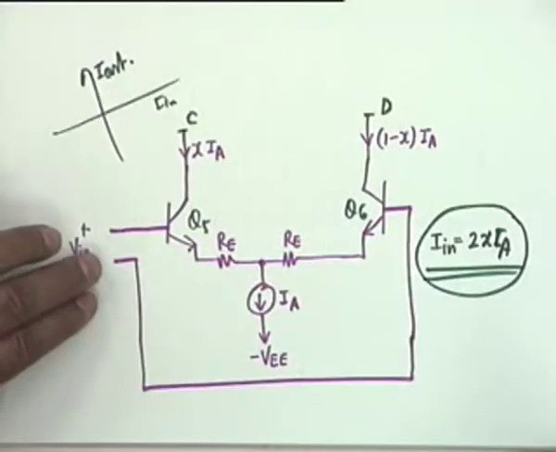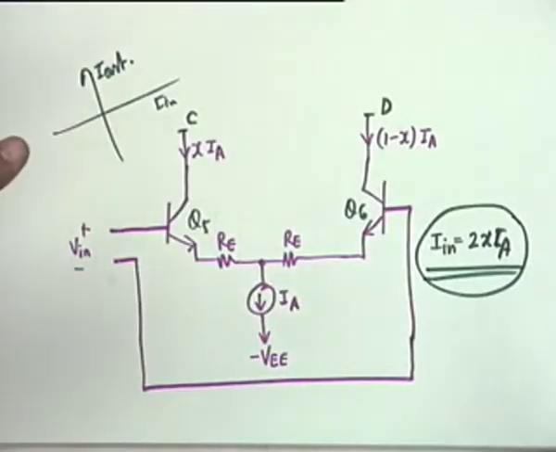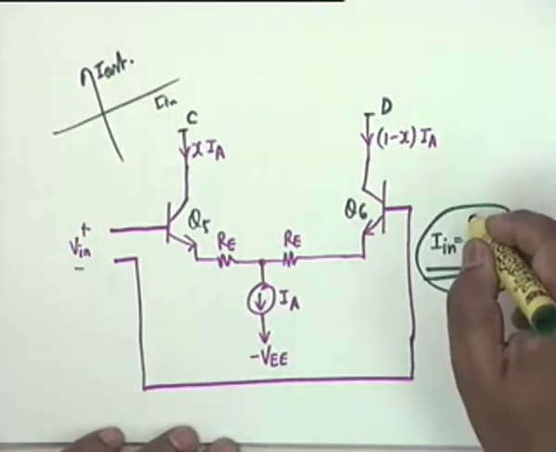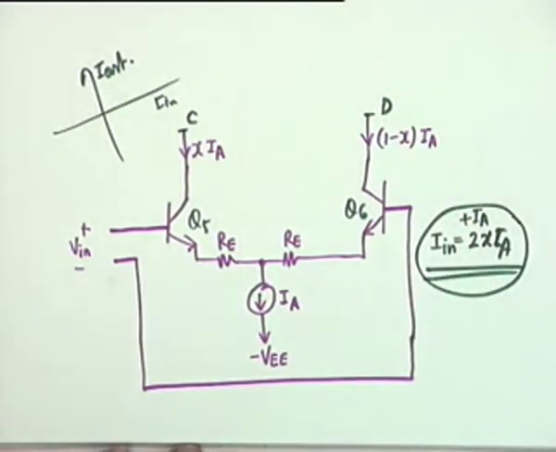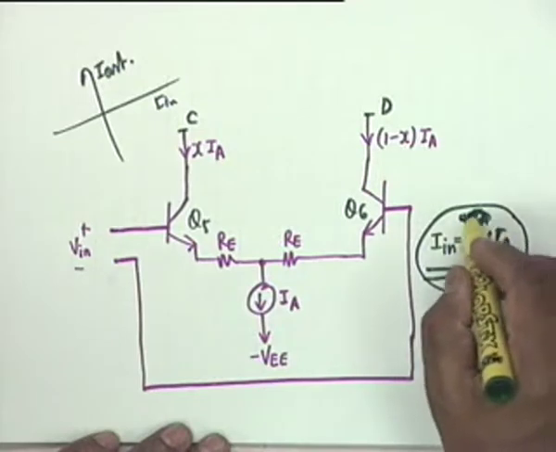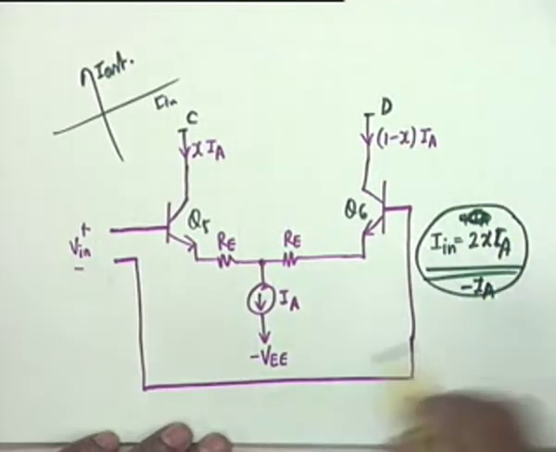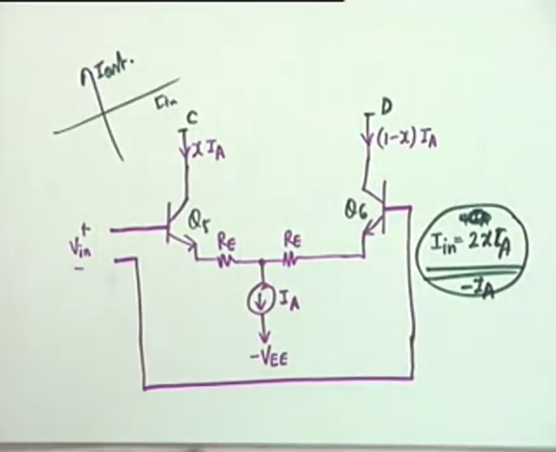Now, there is a point here. The difference is not 2XIA, it is 2XIA minus IA. All right. So then we will argue. Where is this I input flowing, sir? No, it's not a physical quantity. It's a virtual quantity.